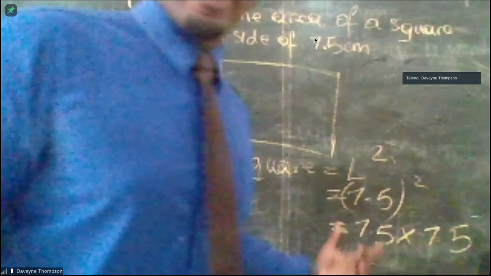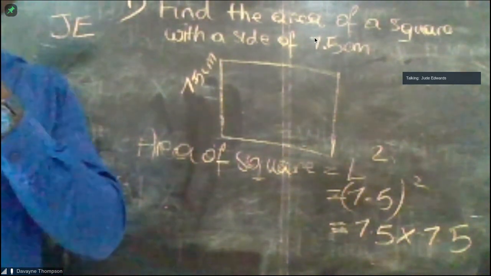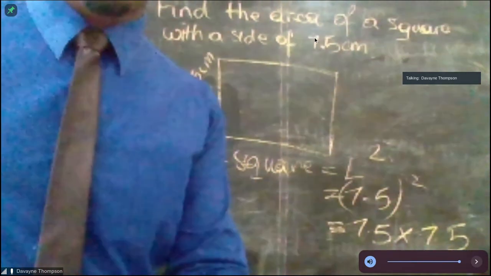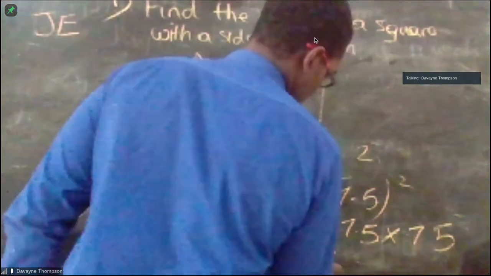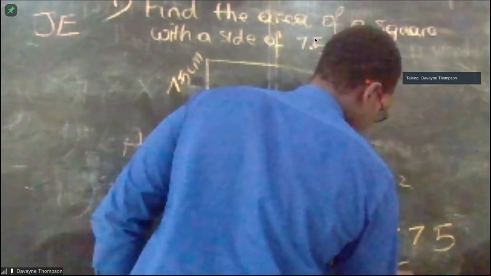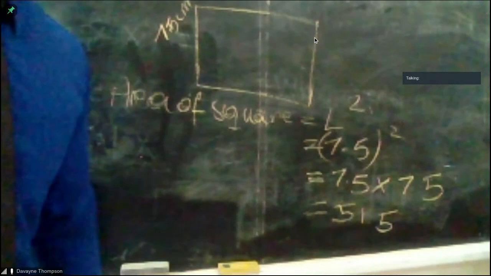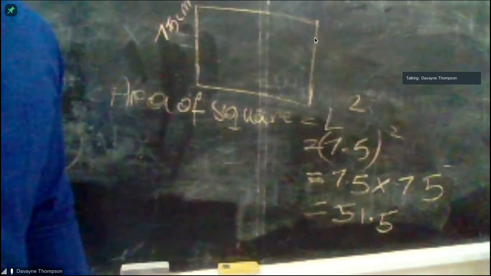So Jude, what's 7.5 times 7.5? 51.5. Are you finished? Units.